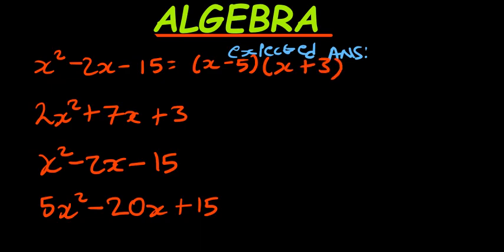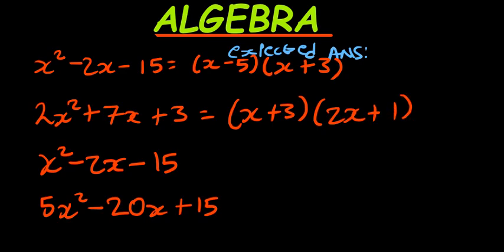That is our expected answer. And also for the second one, our expected answer can be x plus 3 and then 2x plus 1 there. That is our expected answer there. And then for this one, our expected answer can be x minus 5 and x plus 3 there.